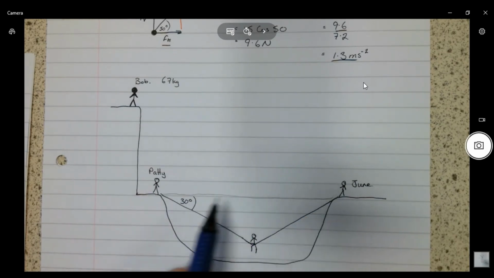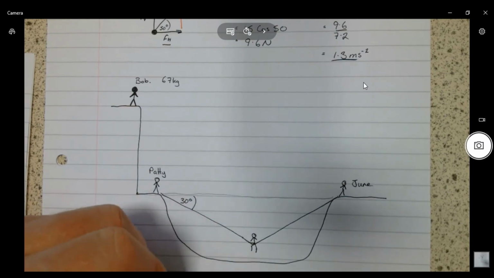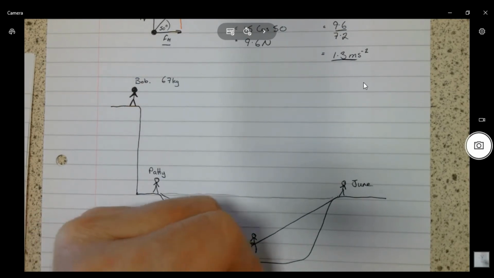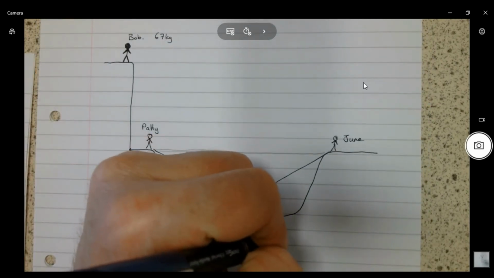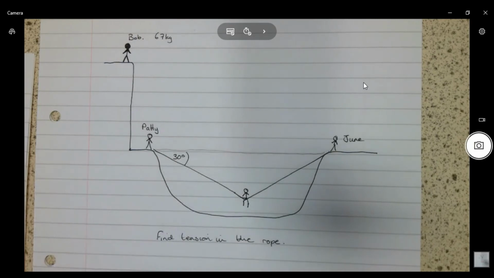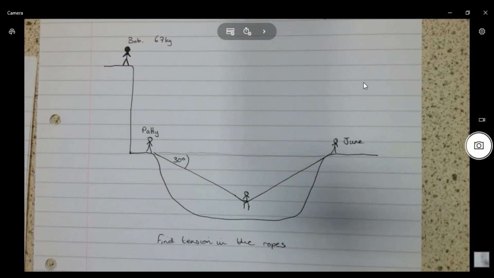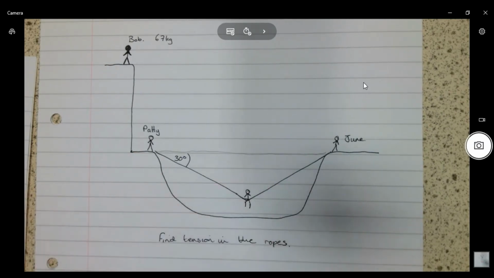Paddy and June, fine. So find the tension in the ropes. Wait a minute, you didn't tell me there were ropes. Yeah, they are ropes. So find the tension in the ropes.